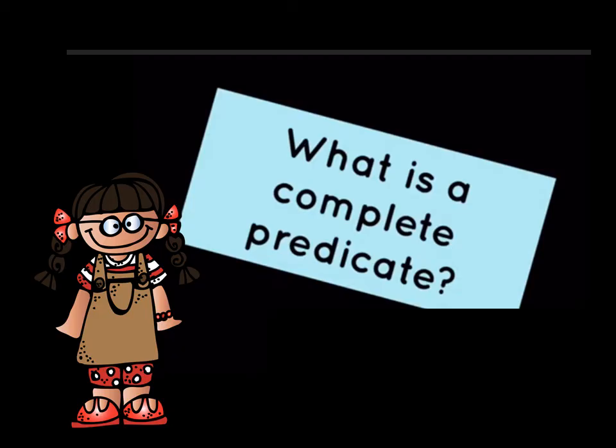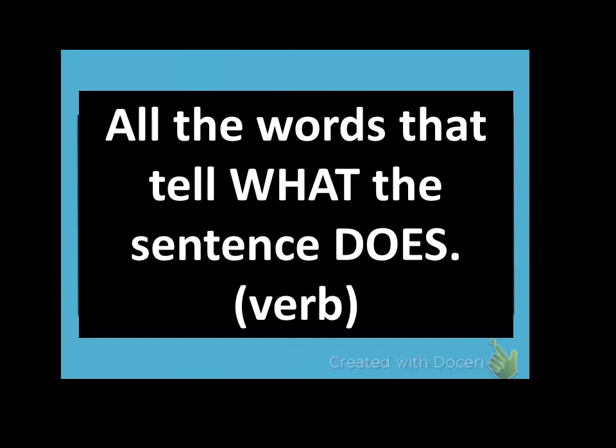Now we're going to find out what a complete predicate is. The definition of a complete predicate says that it is all the words that tell what the subject does. That means the verb. The words that tell what the subject does include the verb.